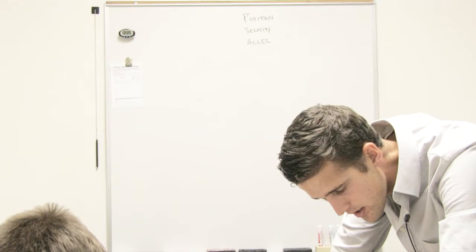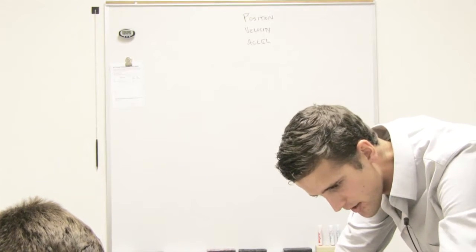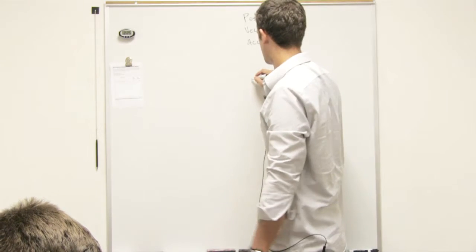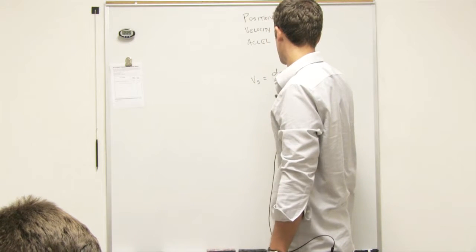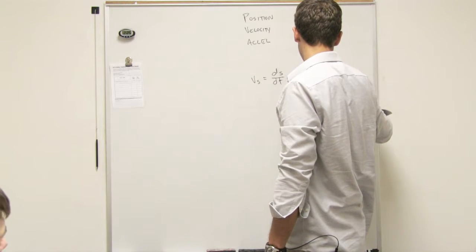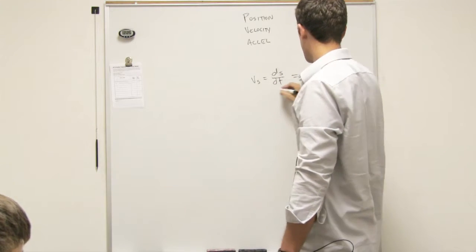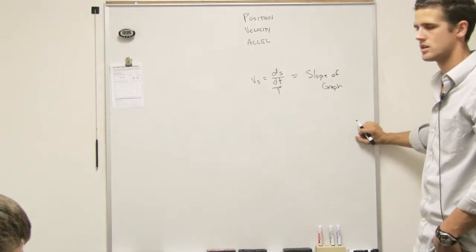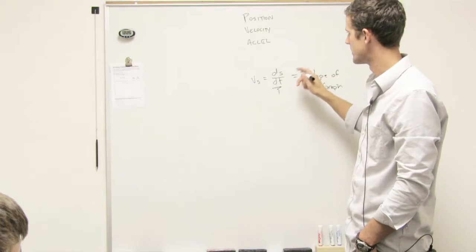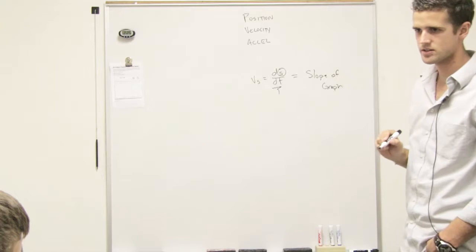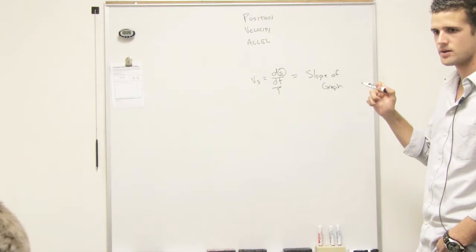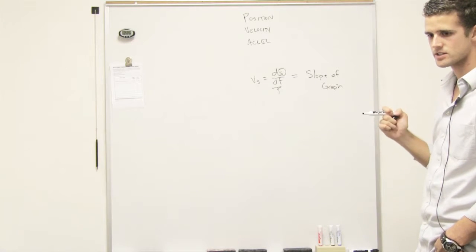So mathematically, v of s equals ds dt. Have you taken calculus? So what does this right here mean? Derivative. Yeah. So this is saying the velocity is the derivative of position. And this is one of the most important things that you need to know to continue on in this class.